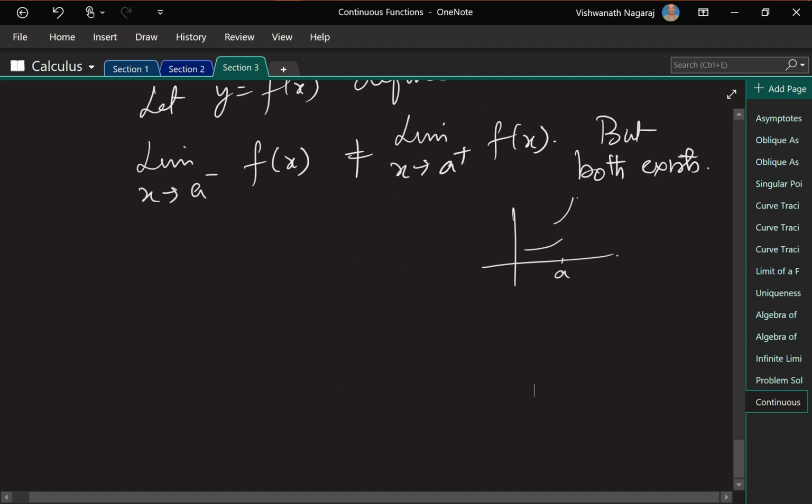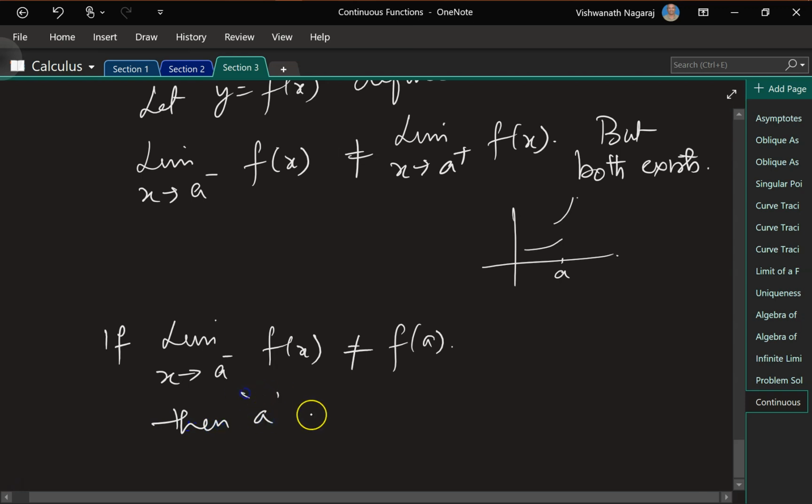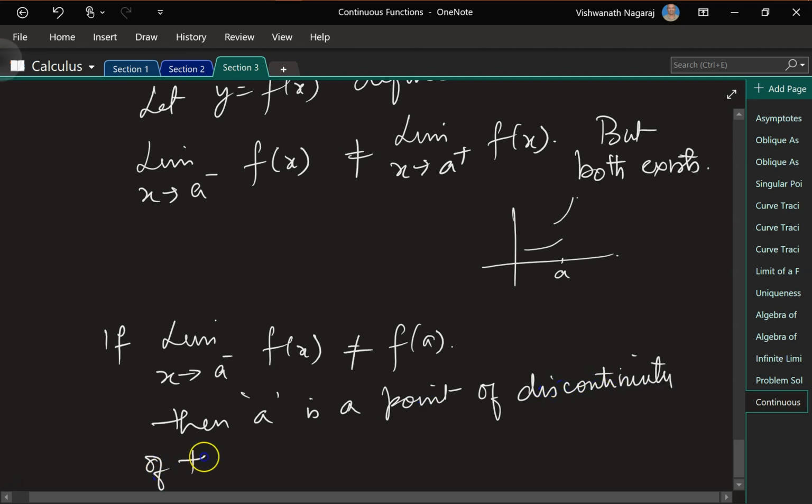Now in this case, if the limit as x approaches a from the left hand side of f of x is not equal to f of a, then a is a point of discontinuity of the first kind from left.